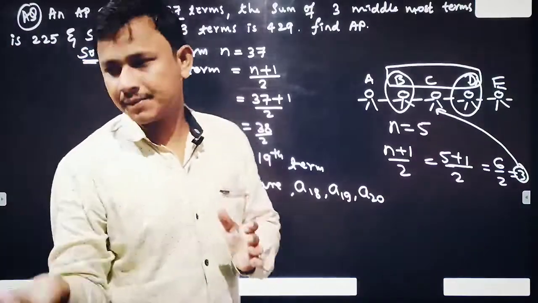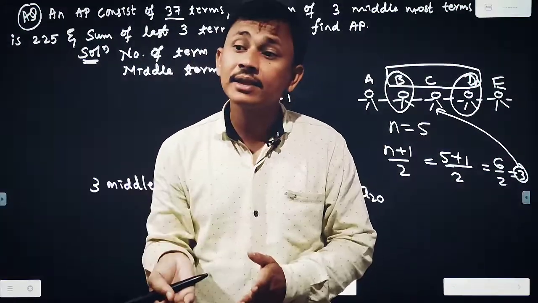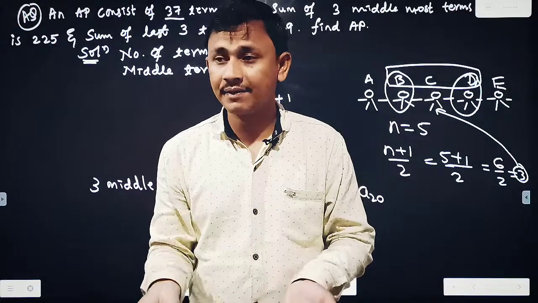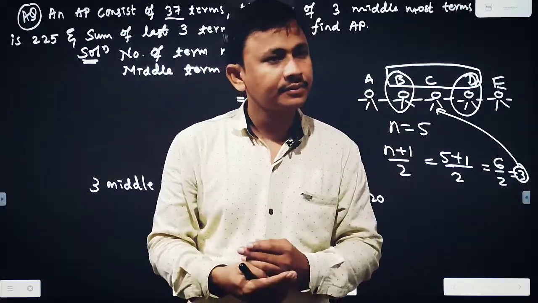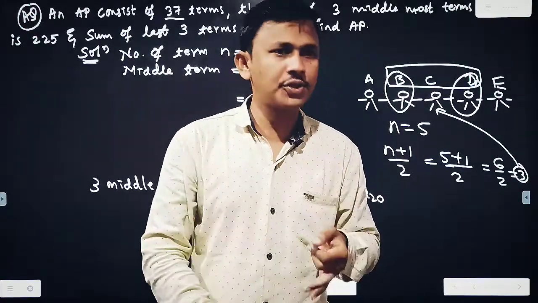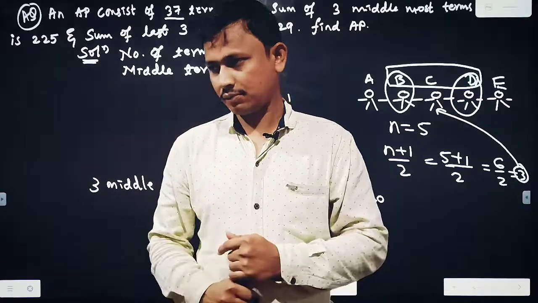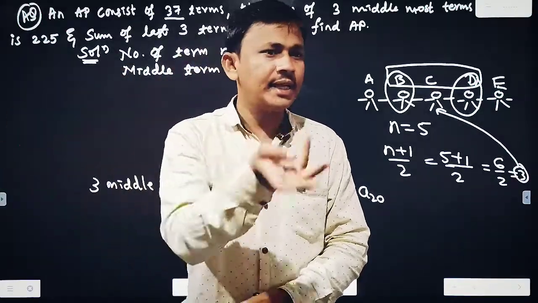And last three terms: how many terms are there? 37. Last term is A37. Last three terms are A35, A36, A37. Understood?